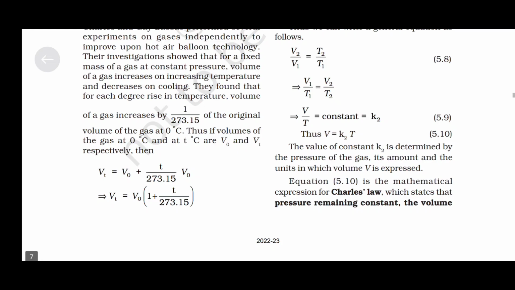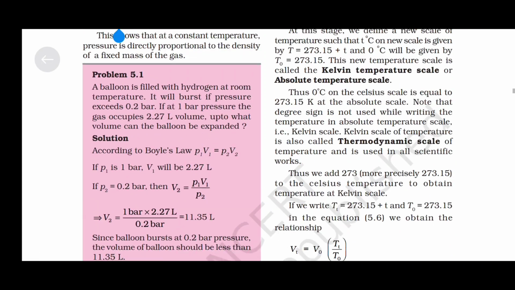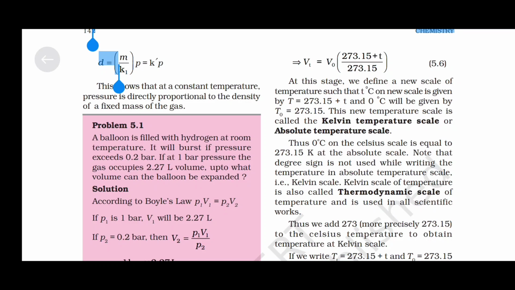So here you can see the derivation for Charles' law, and how finally Vt is equal to V0 into (273.15 plus t) upon 273.15 is found out.